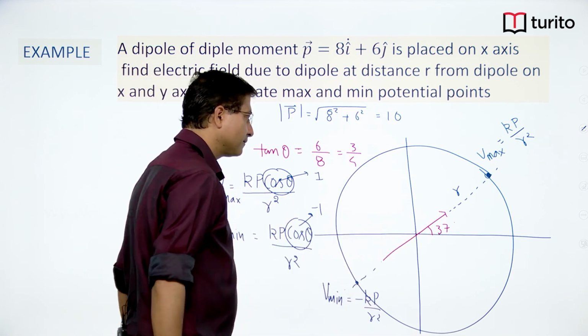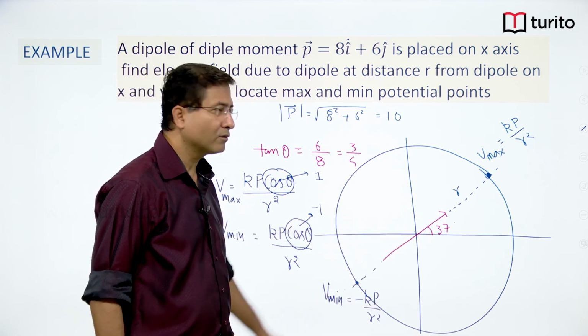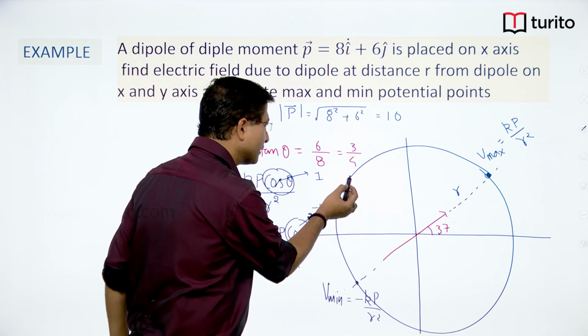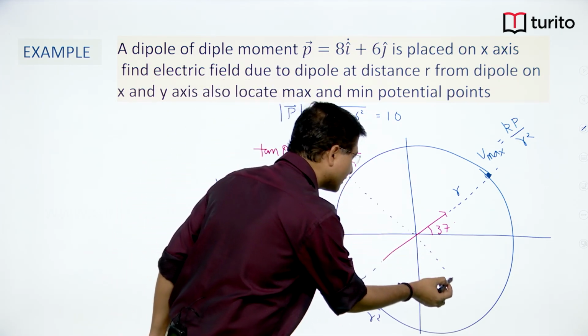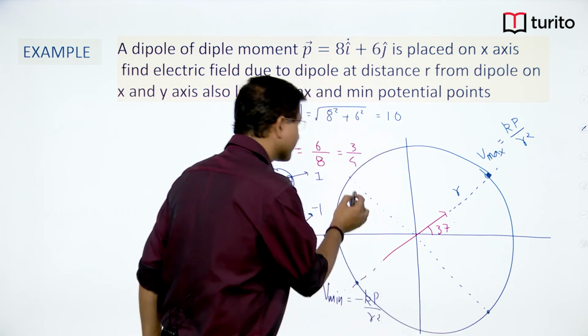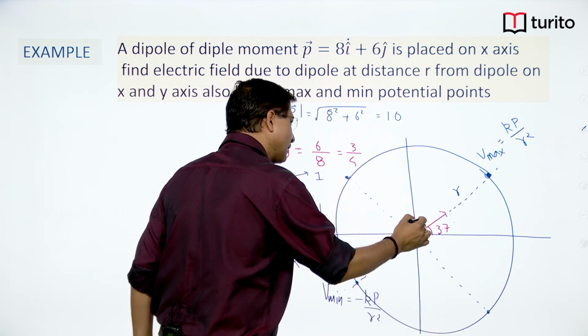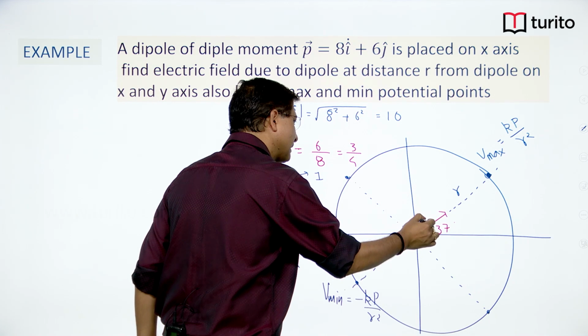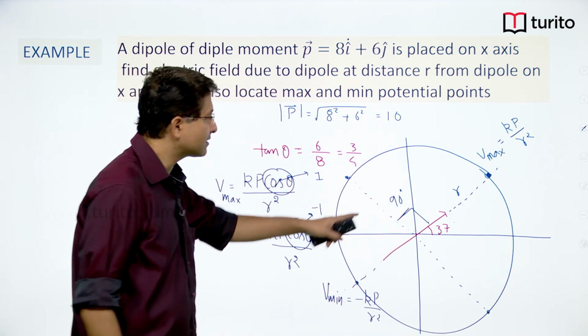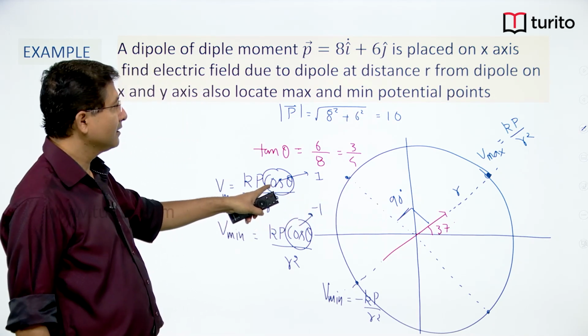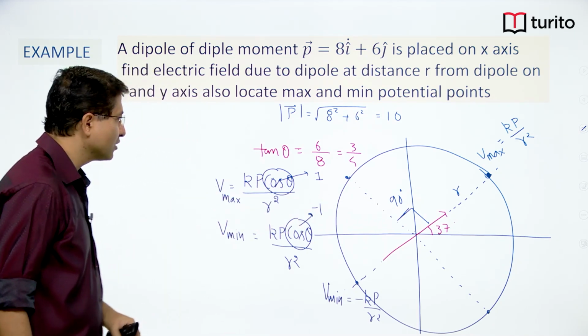Perpendicular to the dipole moment, somewhere here and here, look at this angle with respect to the dipole. If this angle is 90, then potential will be 0.